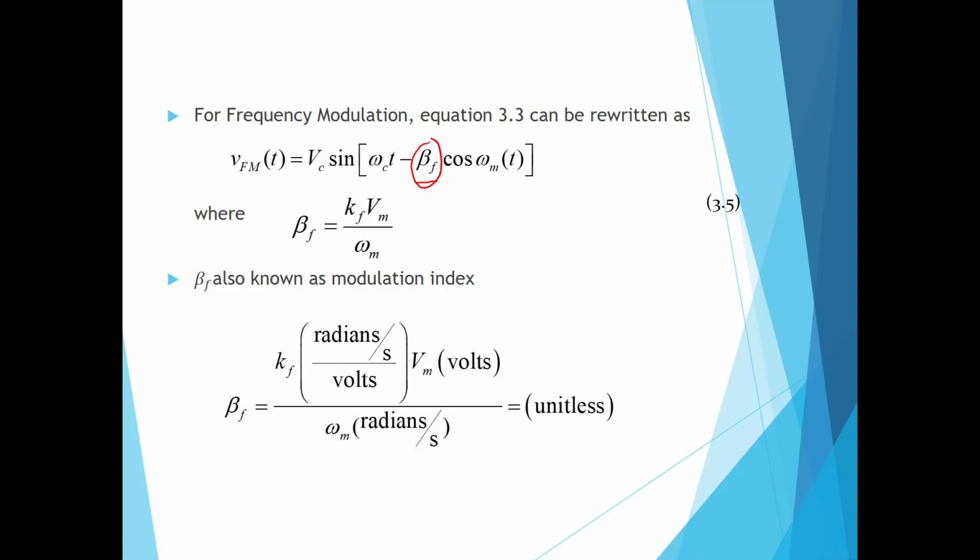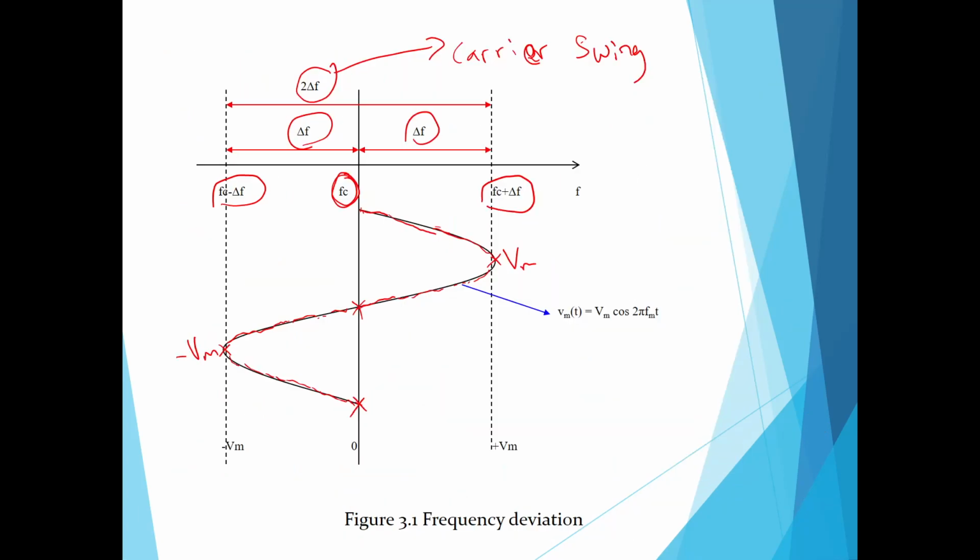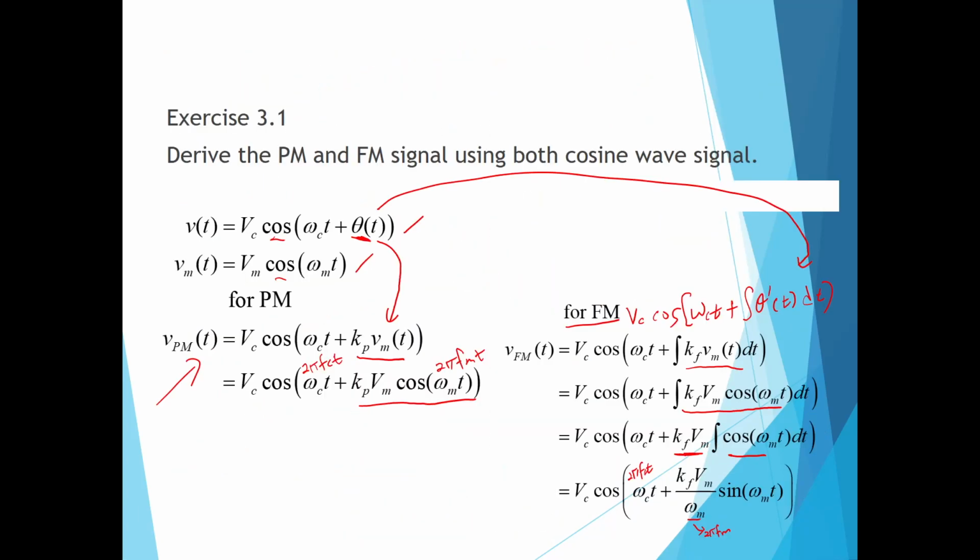Since this is for FM, the front parameter here is what we call beta F. If you still remember, the parameter here is actually Kf Vm over omega m, as we have learned from this slide.